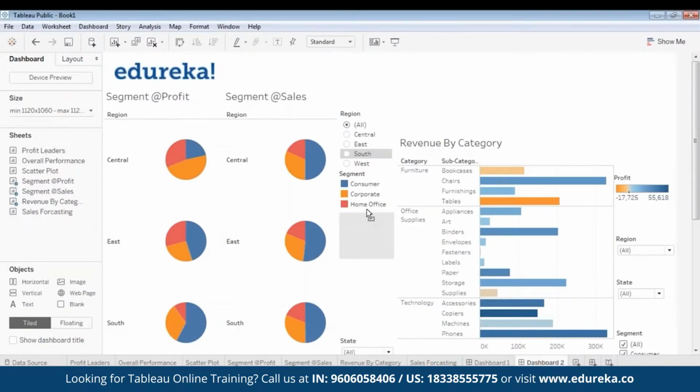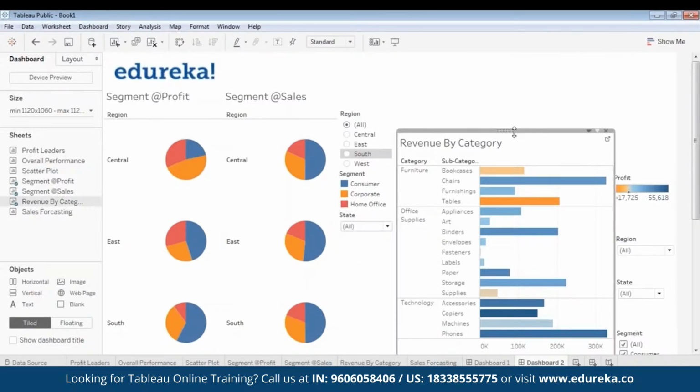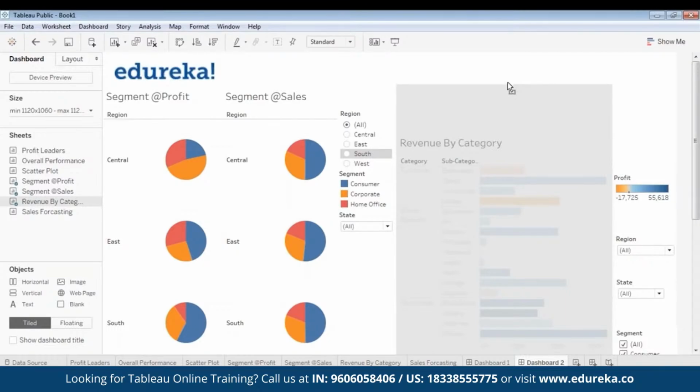I'll scroll the state over here. And my revenue by category, let me scroll it up.